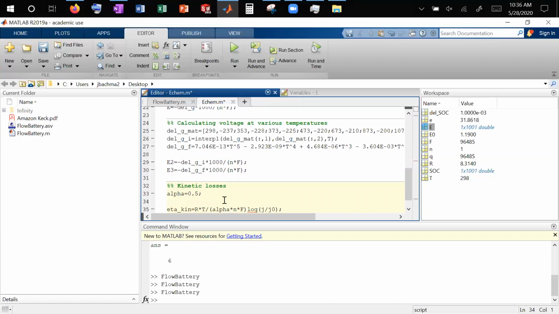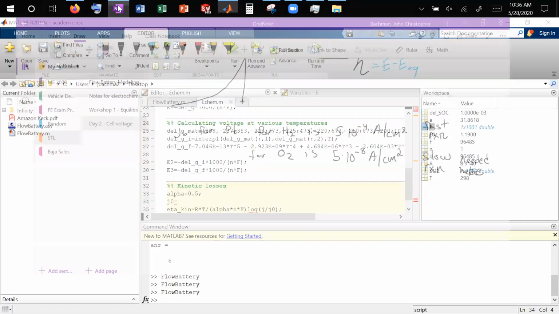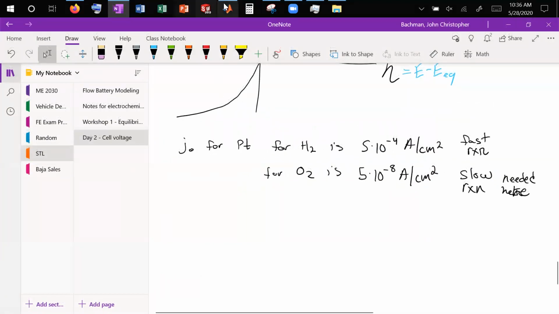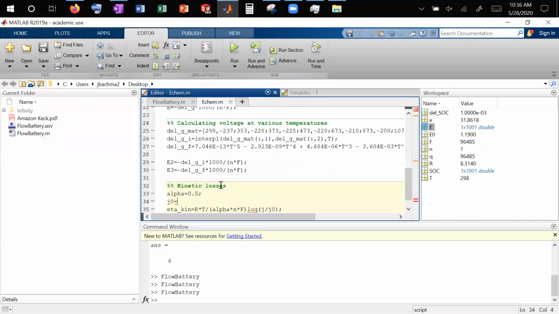We need to give it a J naught. J naught is going to be equal to, so let's do the slower reaction, right? So J naught was, let's go back, it was 5 times 10 to the negative 8, 5e to the negative 8.